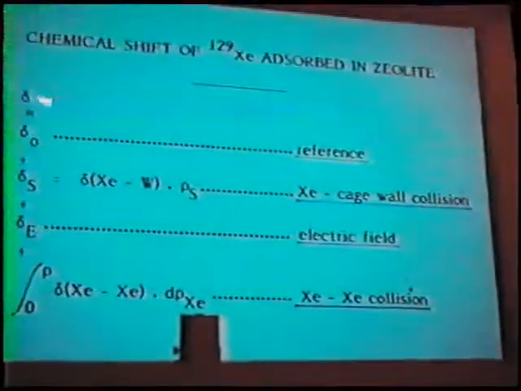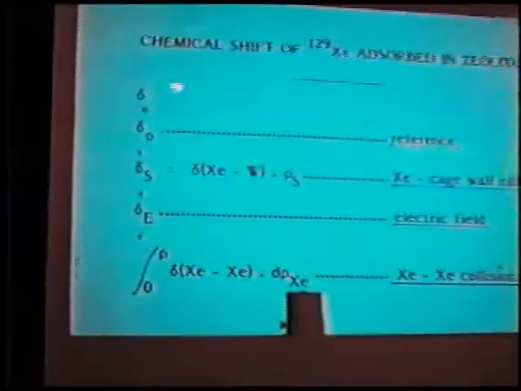So we see on the first slide that when xenon is adsorbed in a zeolite, the chemical shift is given by these 4 terms.